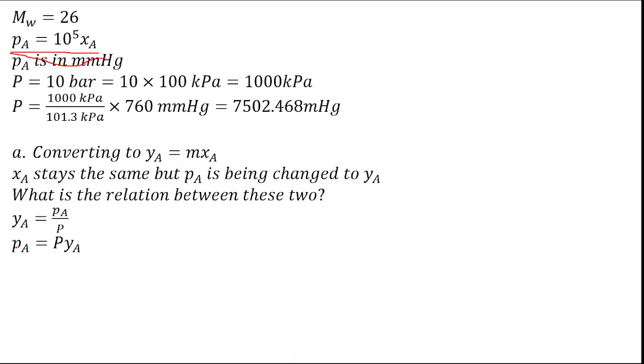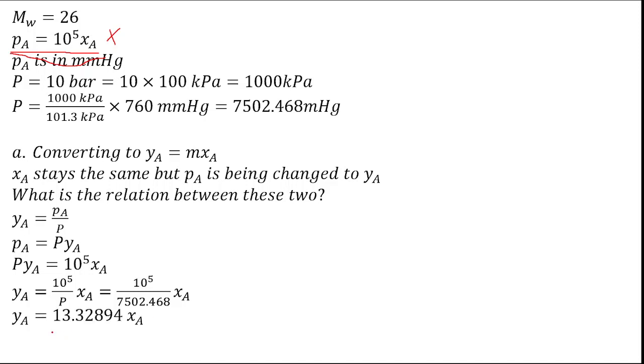So I can make Pa the subject and have Ya times P. And I can put that back into the original expression we have up here. So that becomes Pya is equal to 10 to the power 5 Xa. We've already calculated the value for our P. So we can divide through by P and then replace the value of P there. And if we simplify, we should be getting about 13.32894 Xa. So this is for the first part.